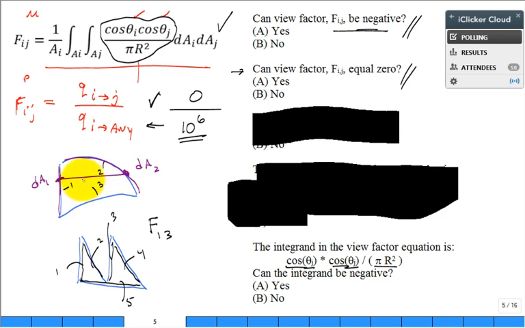What I would do is shrink area 1 to be just right around dA1, then shrink area 2 to be around dA2, and then calculate the view factor from 1 to 2 for those itty-bitty little surface areas. It can never be negative. So the integrand has to always be positive.